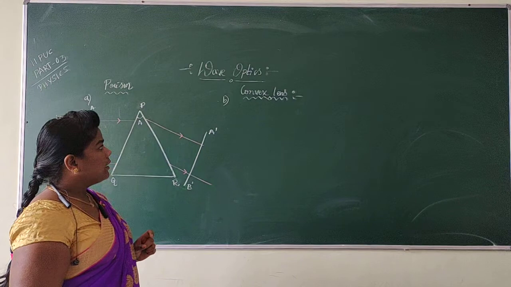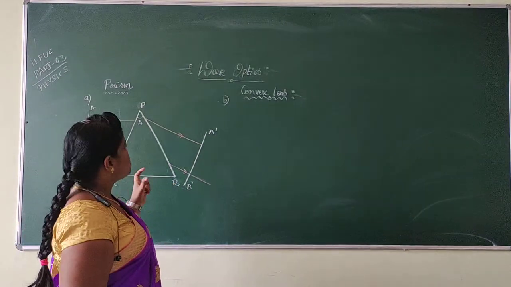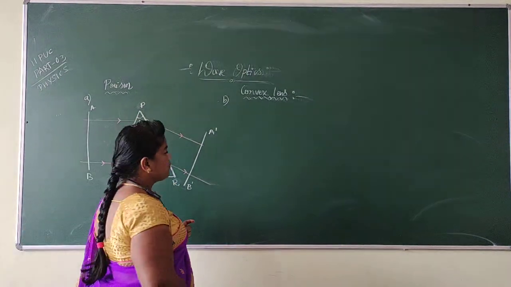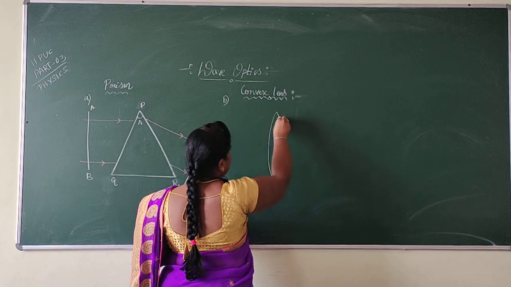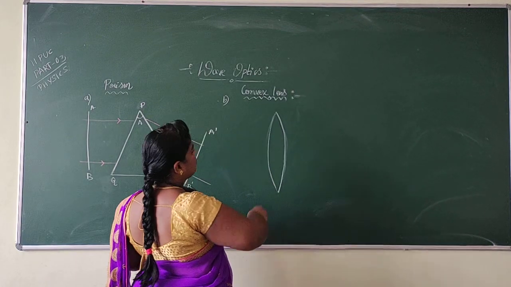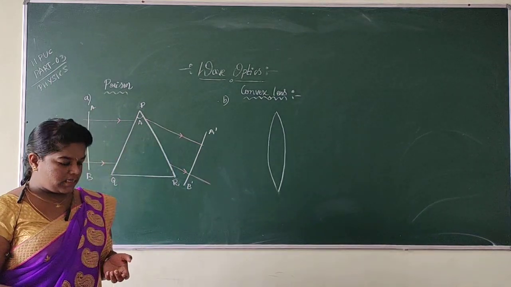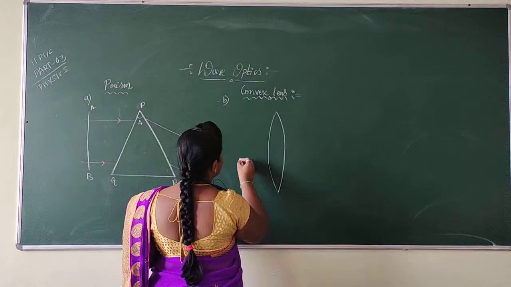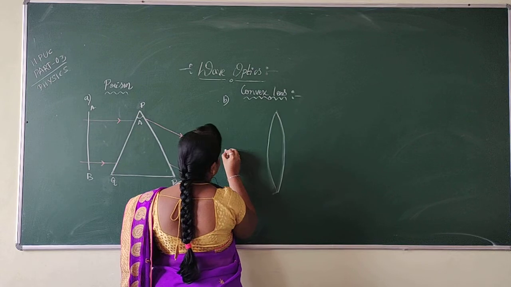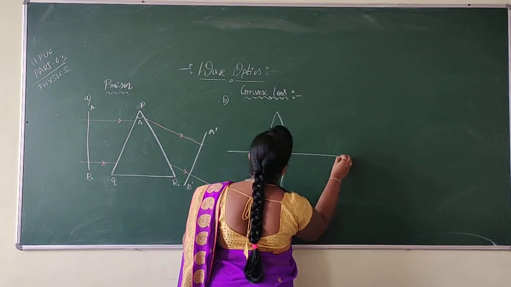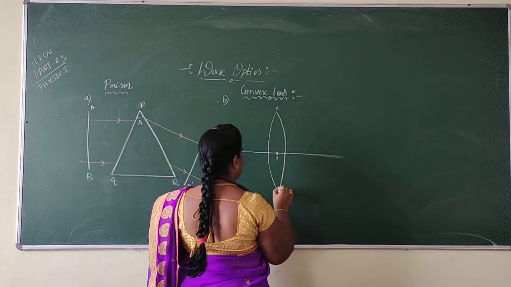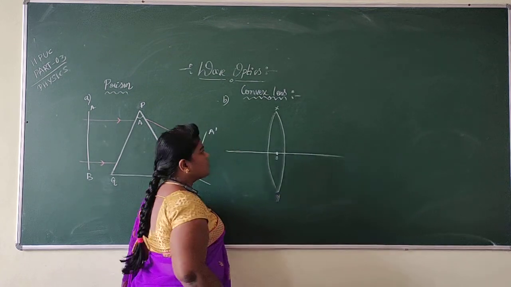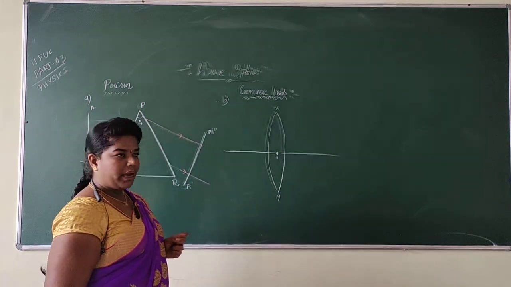So now I am going to draw the convex lens first. You know this. This is your convex lens. So just draw the convex lens. The convex lens is the one which has an optic center O. Let us name the lens with the aperture XY.